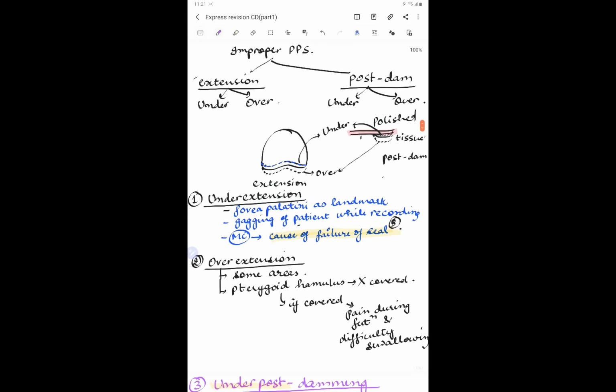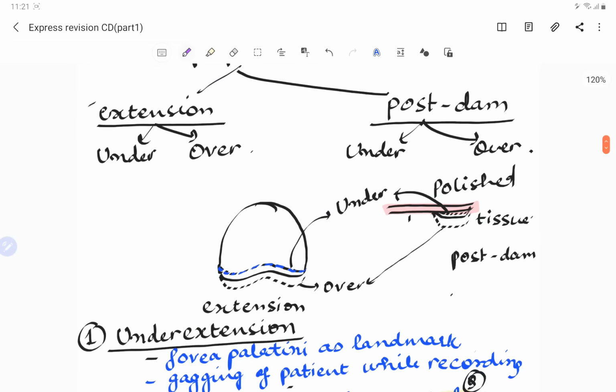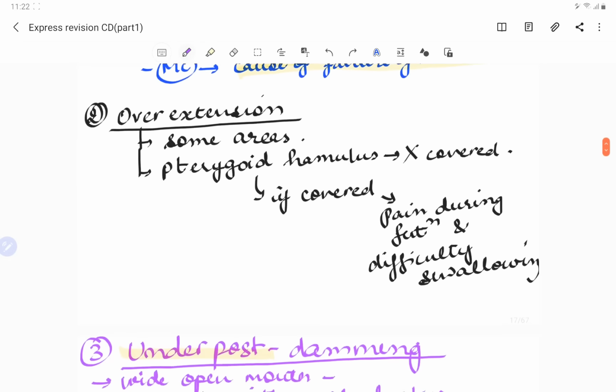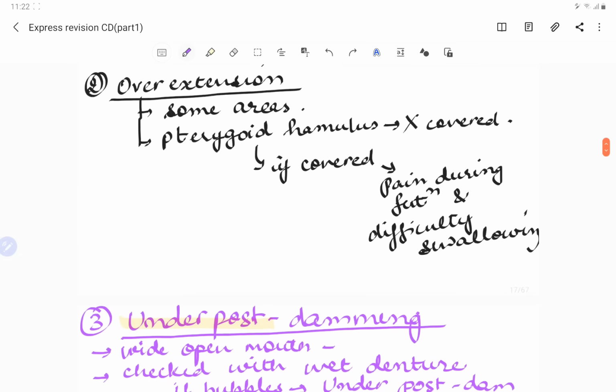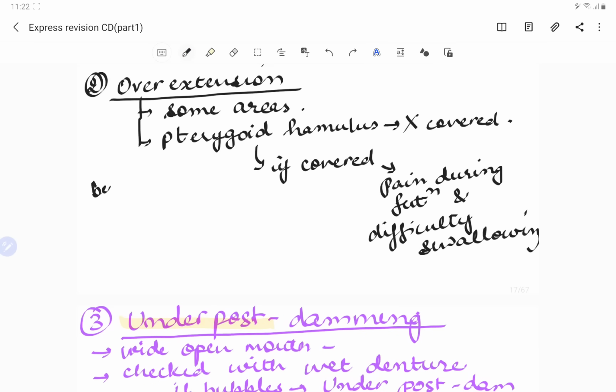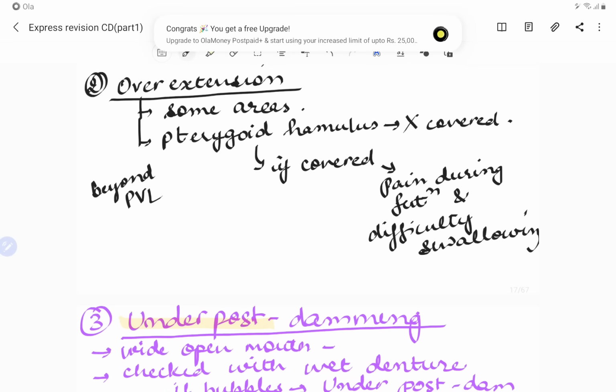Extension is when there is under extension and over extension. Post damming is under post damming, over post damming, right? Then we have under extended, the most common failure. Over extended is when we have gone beyond the PPS. Let me write it, when we have gone beyond the posterior vibrating line.